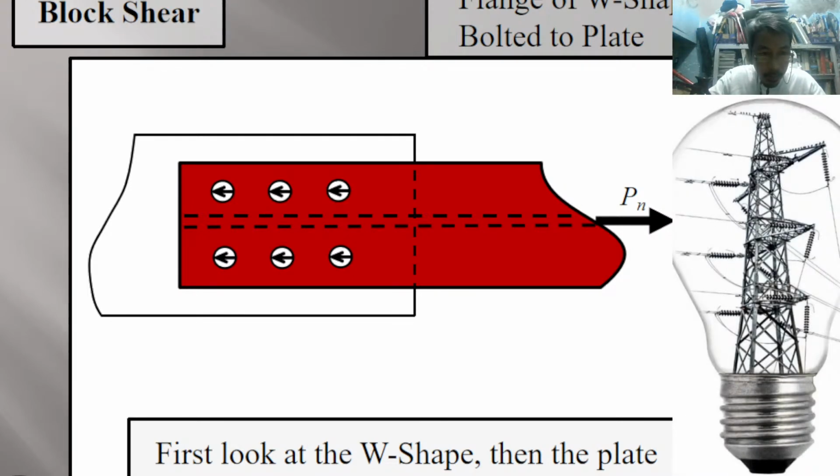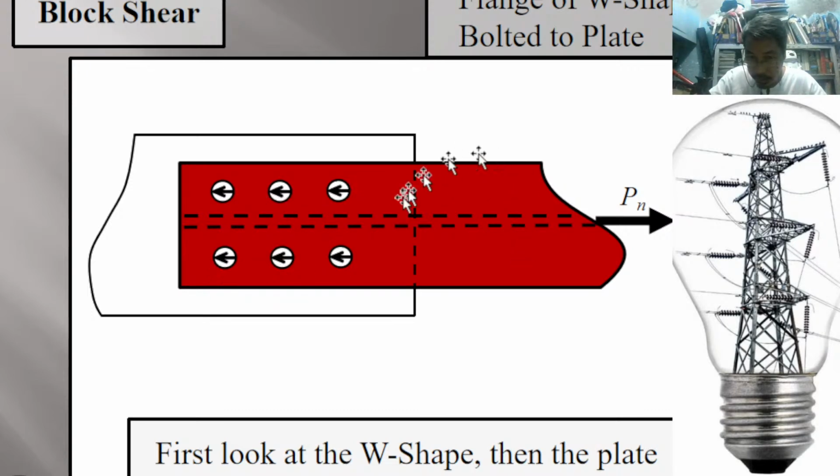So we have the W shape. Instead of an angular section, we have the W shape, and we are looking at the flange. This is the flange with two longitudinal series of bolt holes.